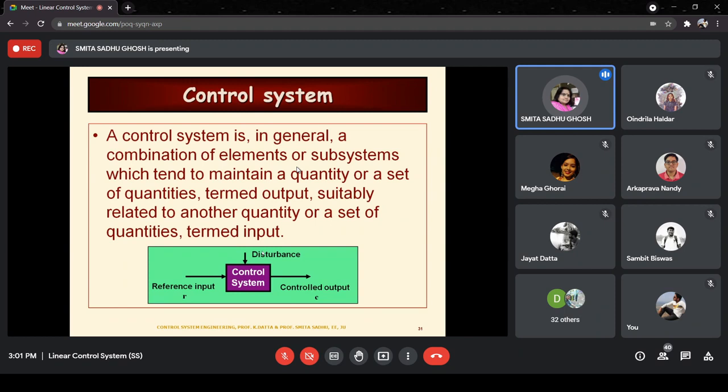You can differentiate between them if you have basic knowledge about how to define what a disturbance is. Well, we'll come to that. Let us read it from the slide first.